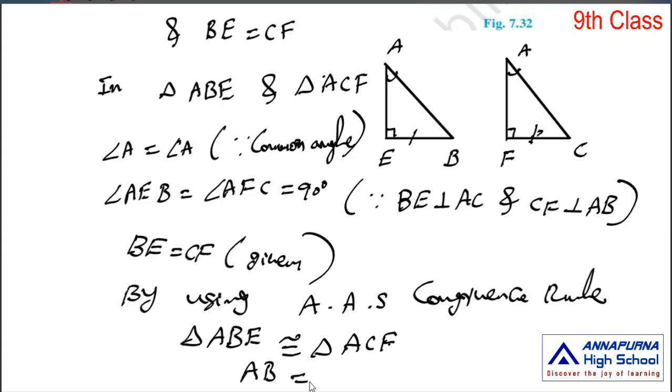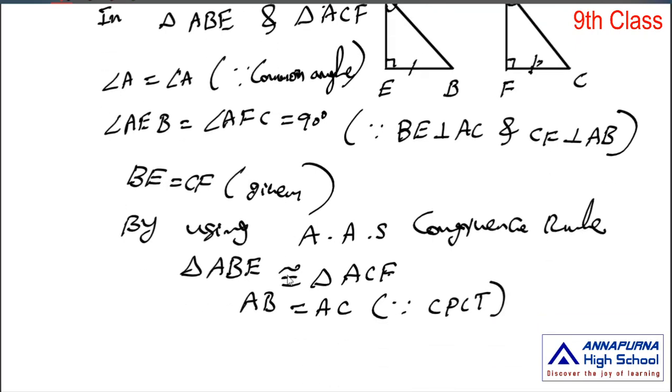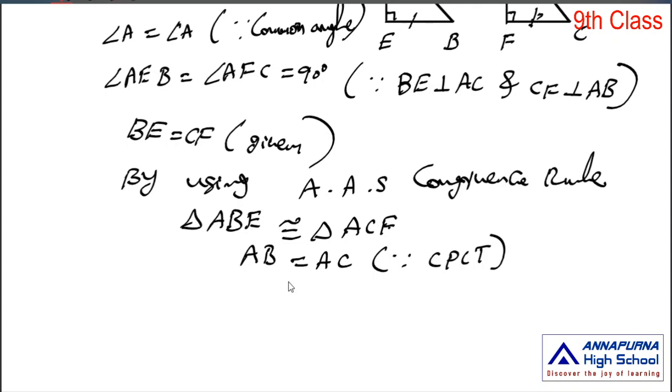Therefore, AB is equal to AC, since CPCT. What is the meaning of CPCT? Corresponding parts of congruent triangles. Therefore, AB is equal to AC and triangle ABC is an isosceles triangle.